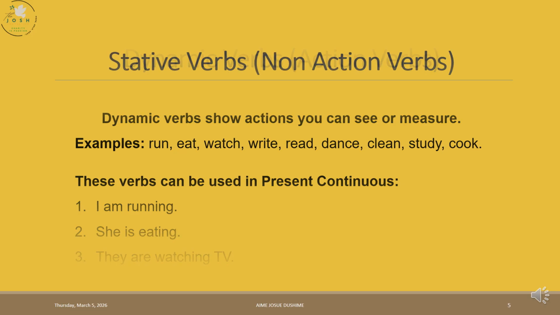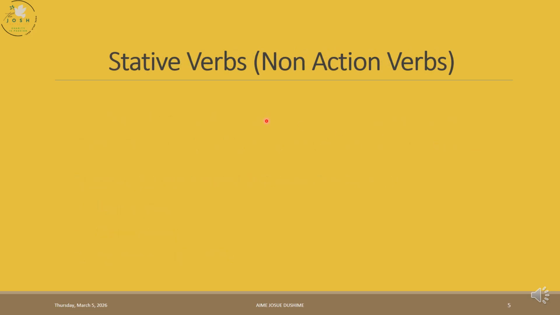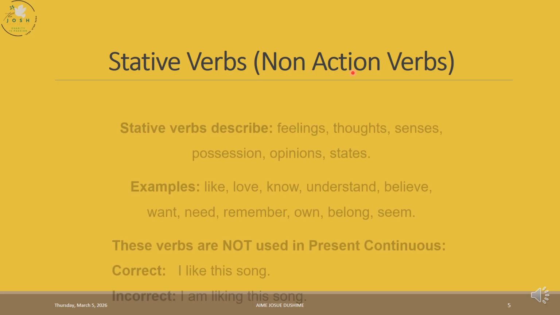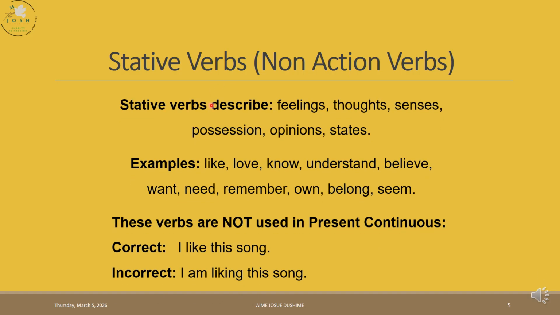But when I go into the stative verb, or simply the non-action verb, what do we have here? Stative verbs describe feelings, thoughts, senses, possession, opinion, states. When you talk about feelings, thoughts, senses, possession, opinions, states, that's when you get into the class of stative verbs.